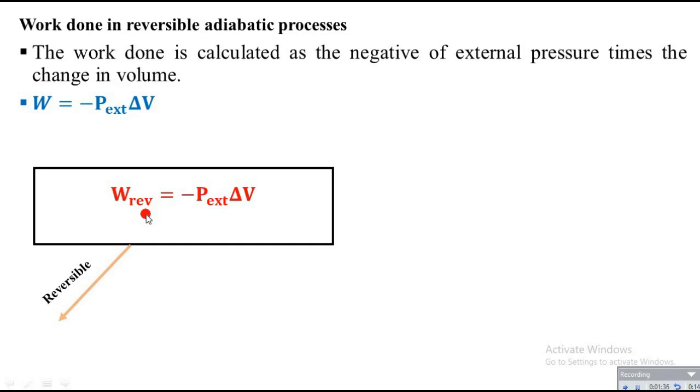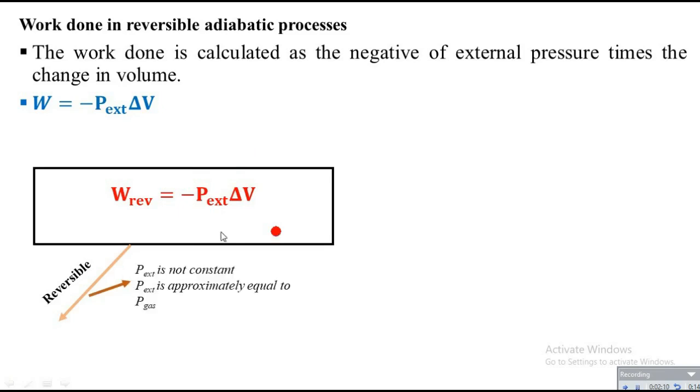That means rather than using the external pressure, we can use the pressure of the gas, because in a reversible process the external pressure is in equilibrium with the pressure of the gas. In that case, the external pressure is not constant. So in a reversible adiabatic process, we don't use this external pressure, which is not constant, but we use the pressure of the gas.